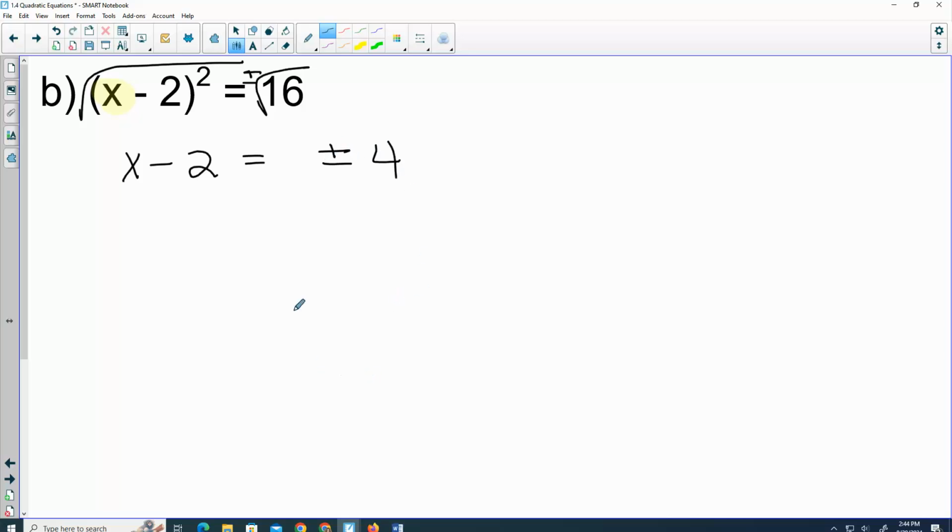Now, the number one mistake I see is right here, people add over the 2 and say x is plus and minus 6. That's wrong. Why? This is essentially two separate problems. It's saying x minus 2 could equal positive 4, or x minus 2 could equal negative 4.